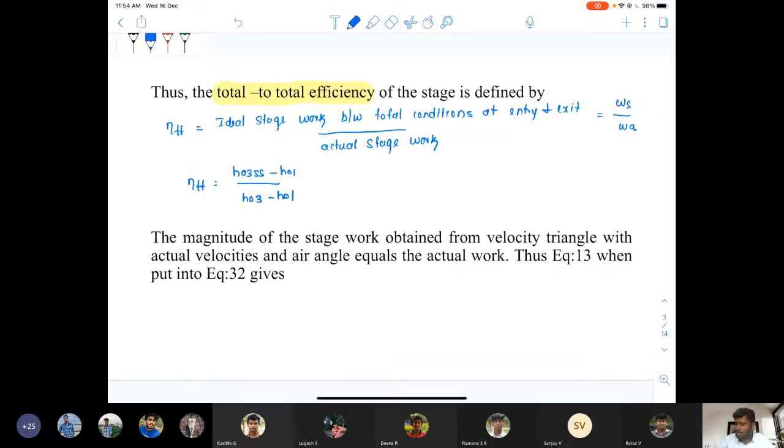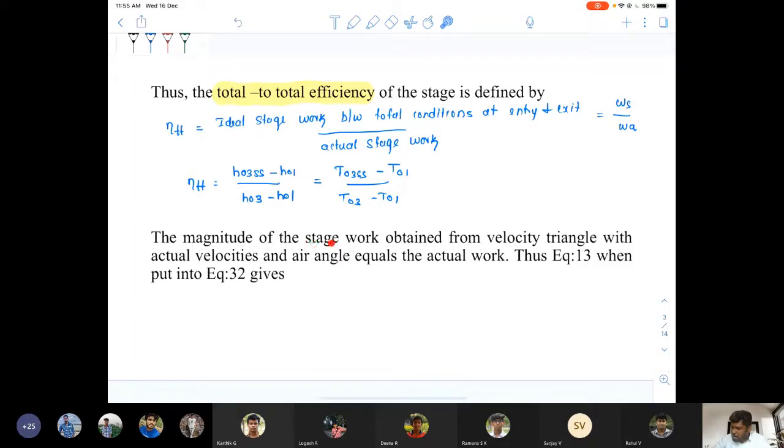This will be equal to Cp times the temperature difference. Therefore, this will be equal to T03ss minus T01 divided by T03 minus T01. This is the total to total efficiency.